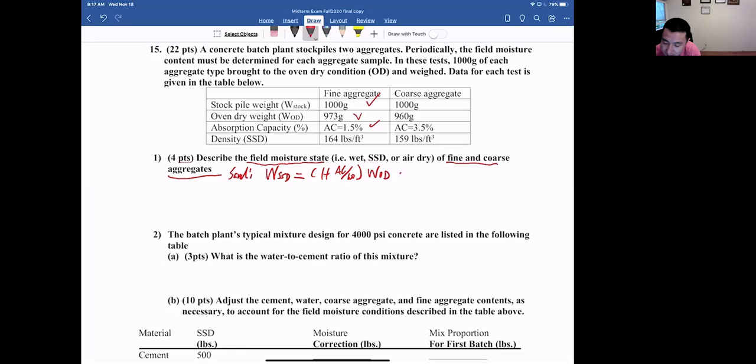AC for sand is 1.5%, so that is 0.015. W oven dry is given, 973 grams. So the WSSD we calculate is 987.6 grams.